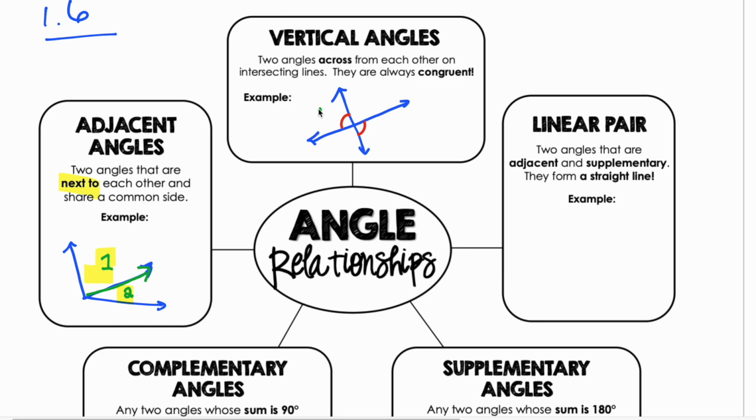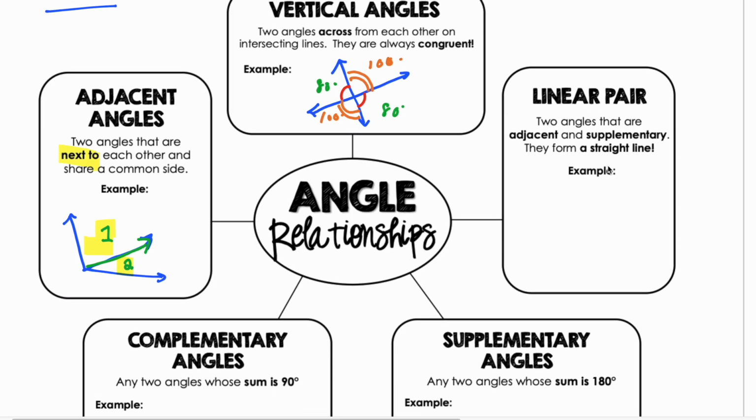Okay, if this is 80 degrees, this is also 80 degrees. Same thing with the other two sides of the angle. Right here, if this is vertical to this angle, which they are, then they are congruent. And let's say this is 100 degrees, so this would also be 100 degrees.